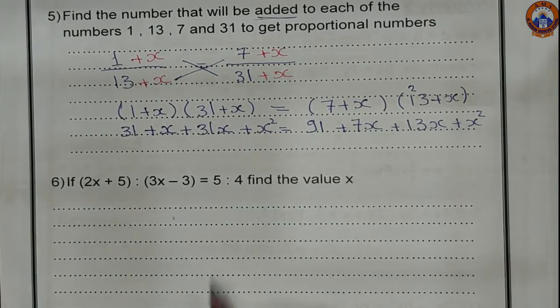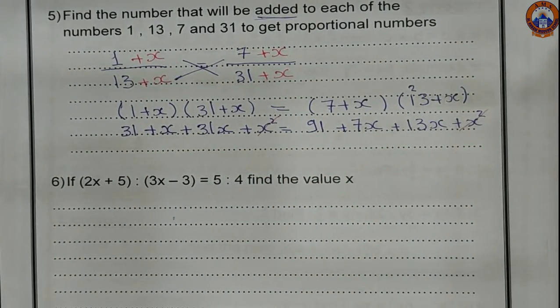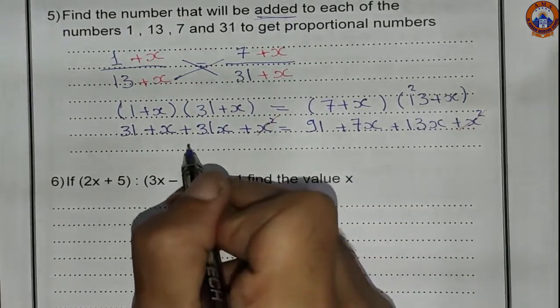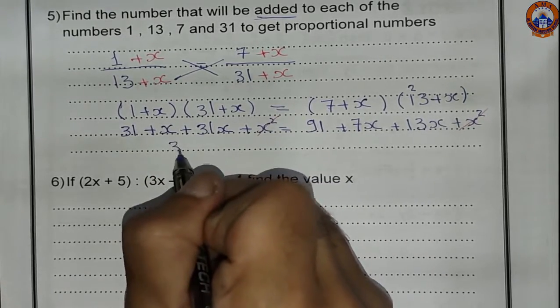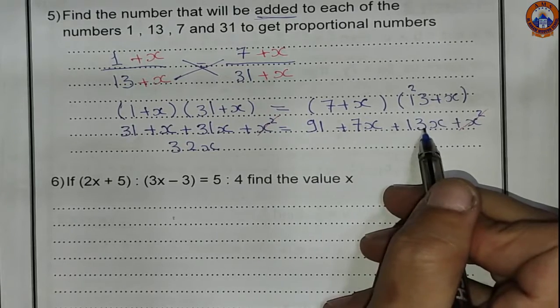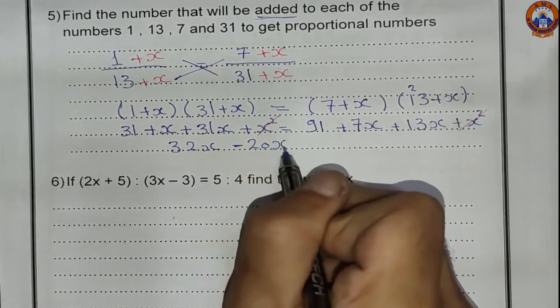In both sides we have x power 2, which will be cancelled, and we're gonna make all the terms with x in one side and the other terms in the other side. x plus 3x, this is 4x, and we have 7x plus 13x, it's 20x. We're gonna move it to the other side, it's negative 20x.